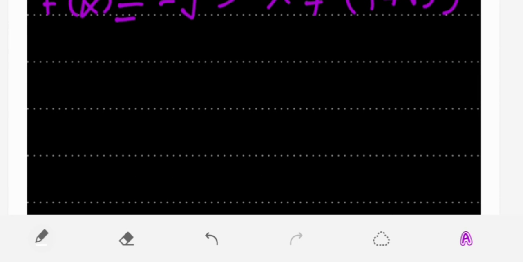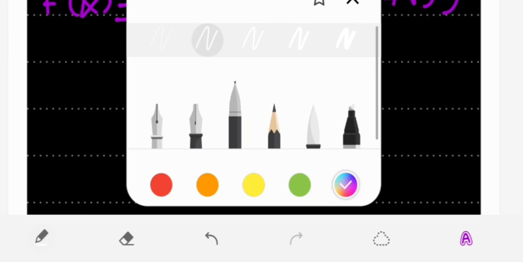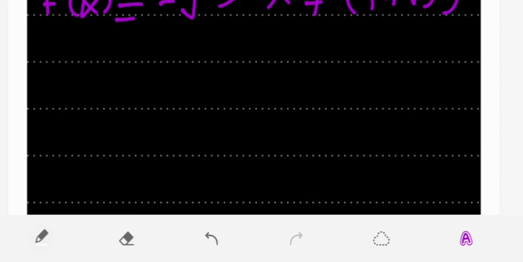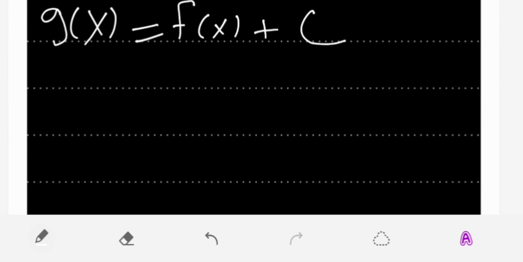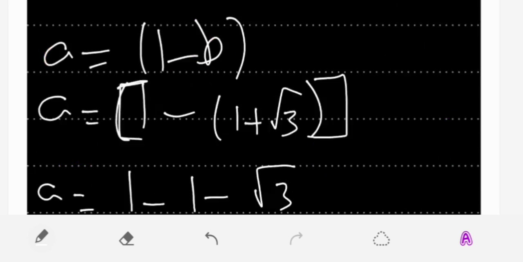So g of x is equal to f of x plus c, and his objective, if I remember right, is the integral from 0 to 2 of g of x squared dx. He wants the minimum of this, right?